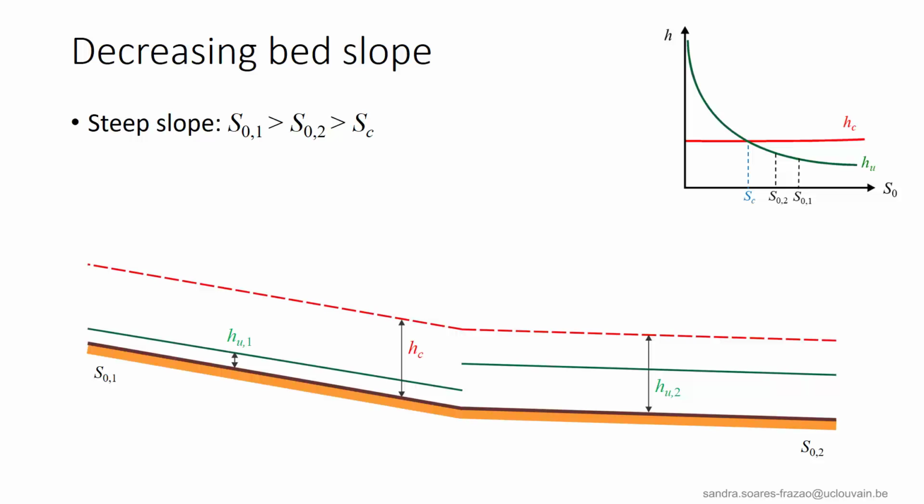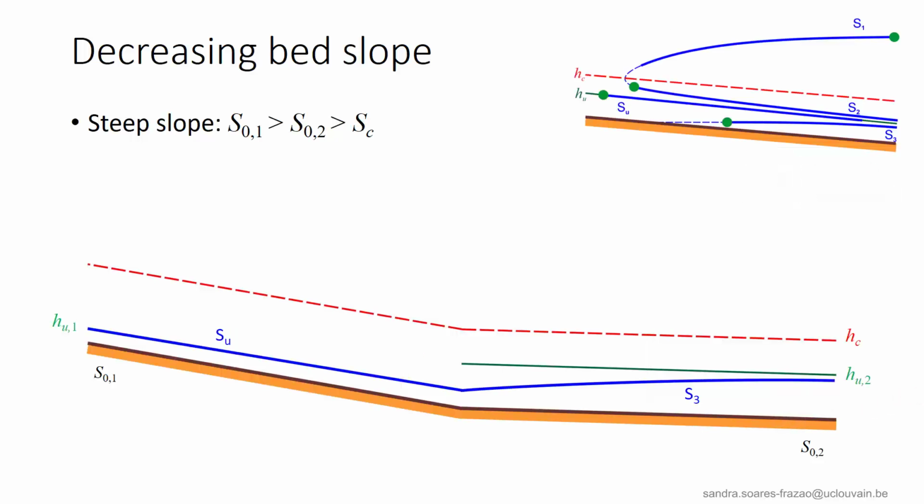In the case of a steep slope that becomes less steep but still remains a steep slope, we will have two S-type profiles, with normal depth HU2 larger than the normal depth HU1. The flow in the upstream reach can only be a uniform flow.